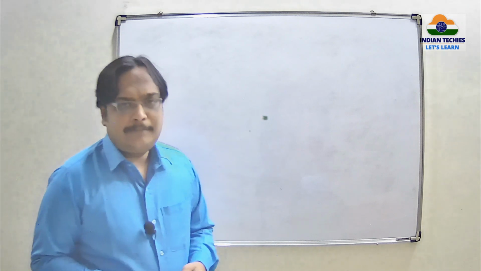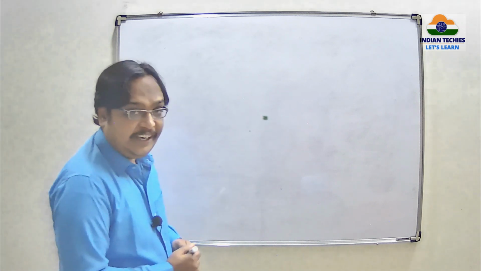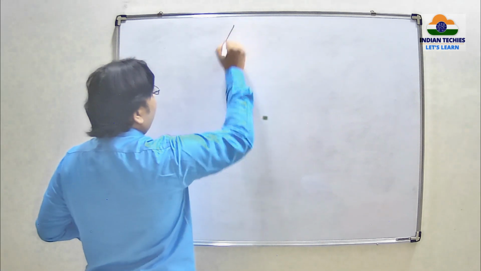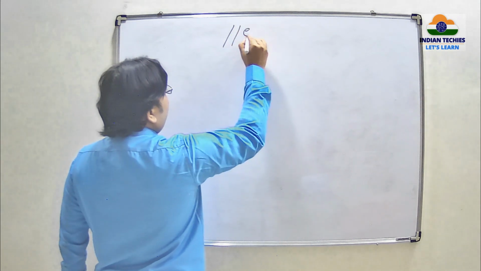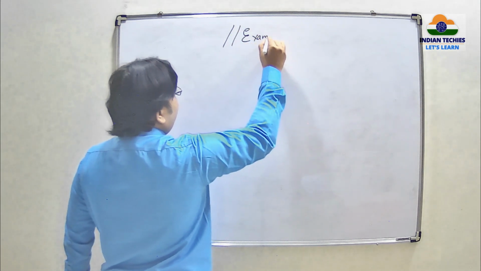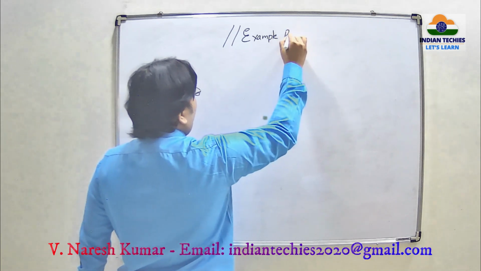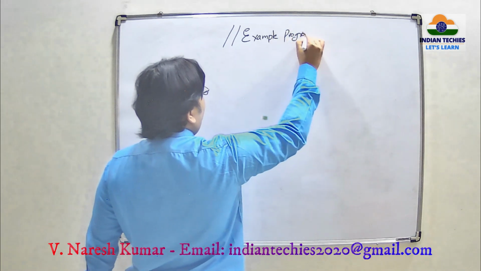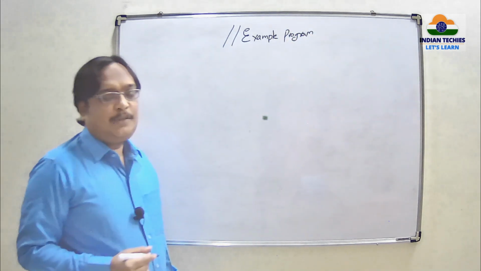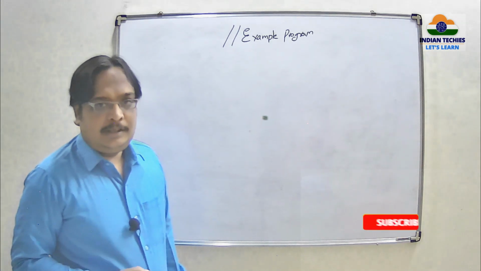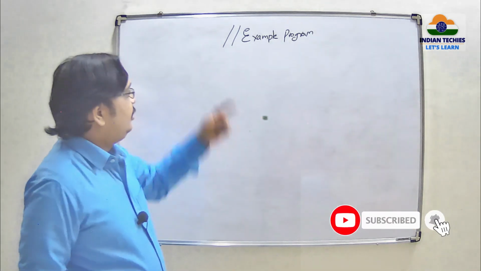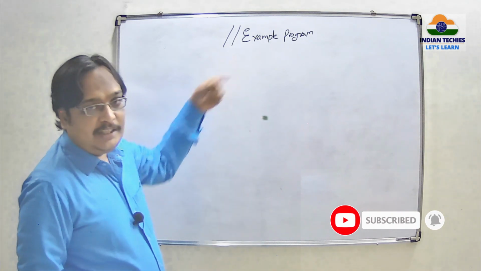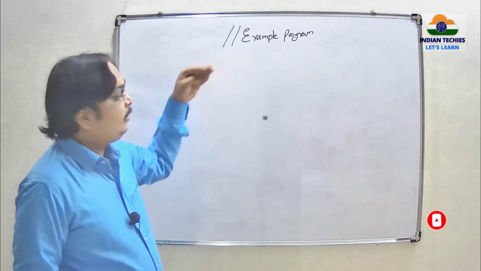If you want to write, you can write, but as an example, I am going to write it. I am writing an example program. You can write any explanation that you would like to write. The documentation section starts with two forward slashes, which is ignored by the compiler.